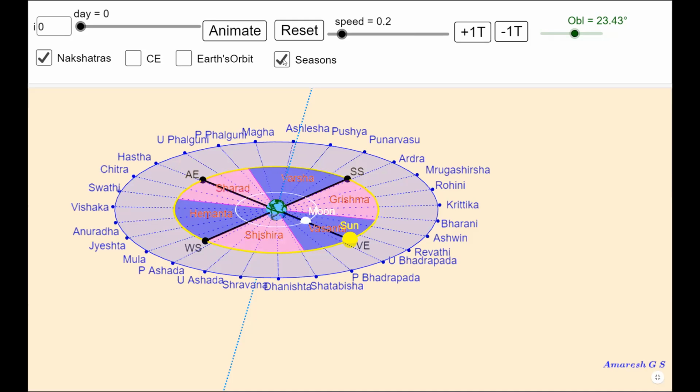In fact, we would not observe the moon. The first month of the solar year is Madhava, and that happens to be the second month of the Vasanta Rutu or spring season.